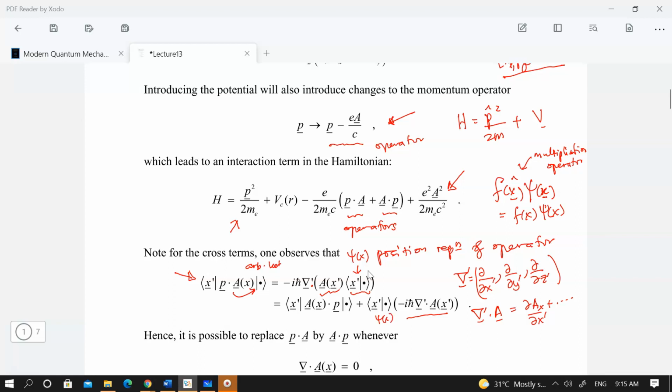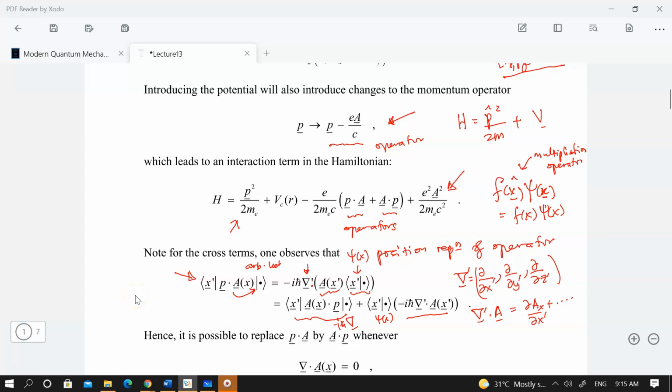The other part will be your gradient operator acting on this wave function, and that can be given as this equation here. You can think of this as a function itself, and then this is the minus i h-bar del. So you have these two terms coming in.